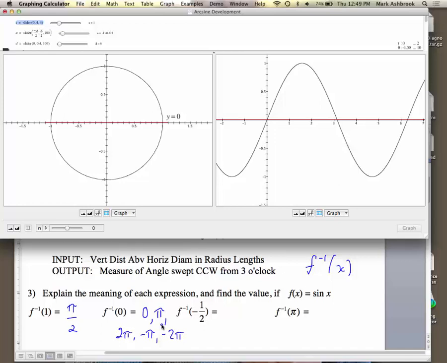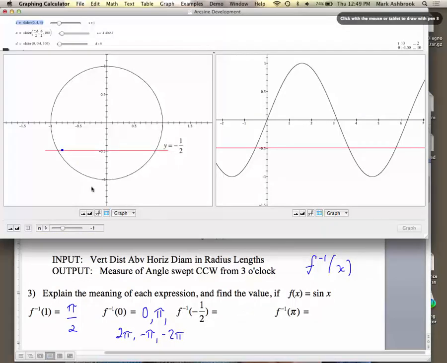Okay, negative 1/2. Who remembers their unit circle? Okay, so what angle gets us a y-coordinate, or fraction of a radius length, of a half below? 7 pi, not over 4, over 6. 7 pi over 6.